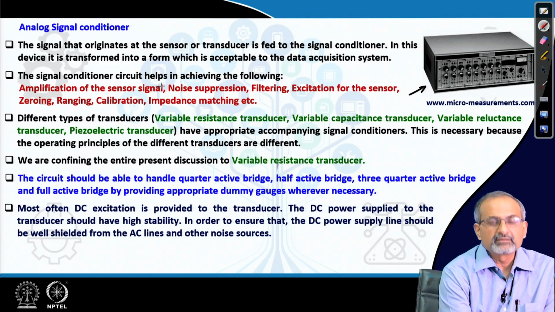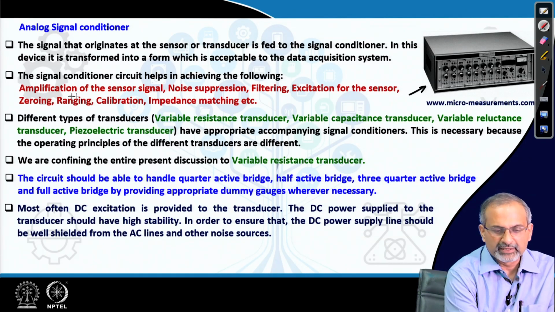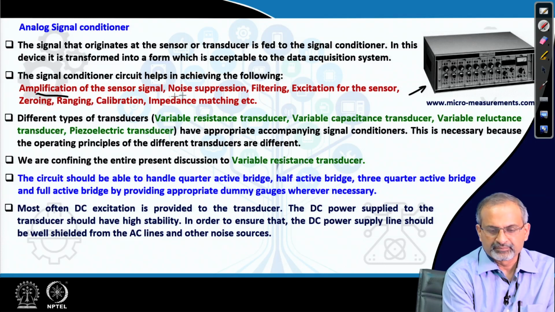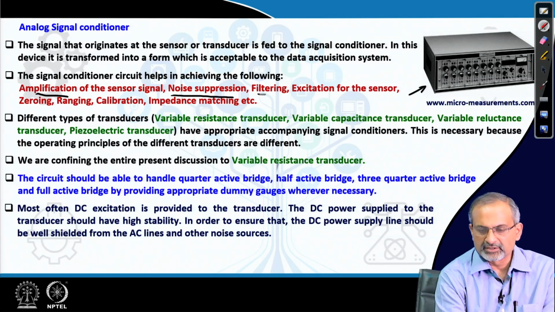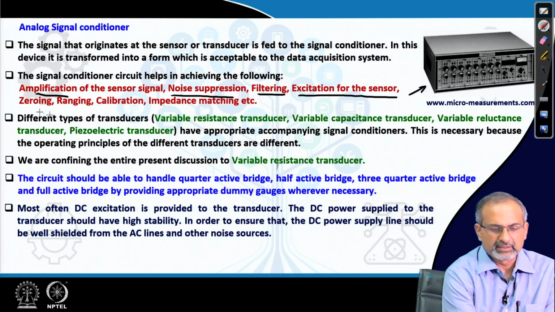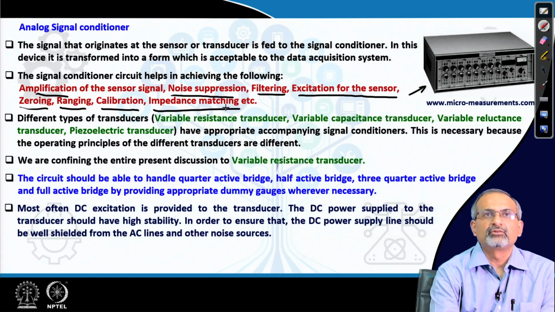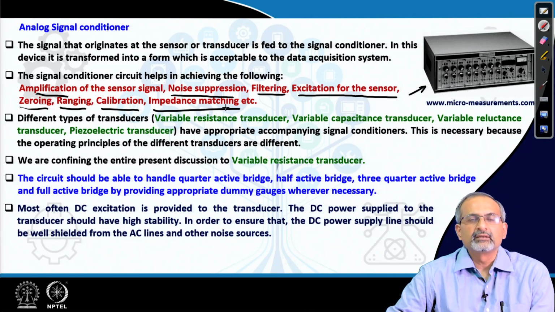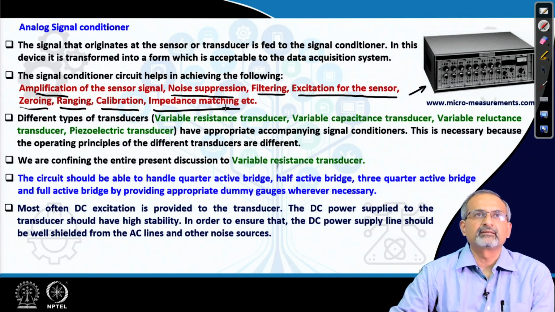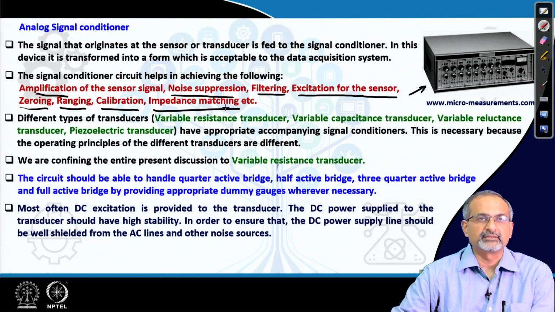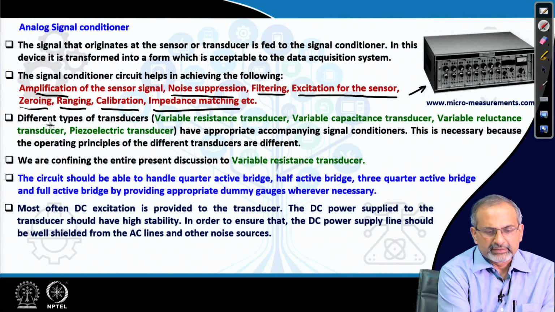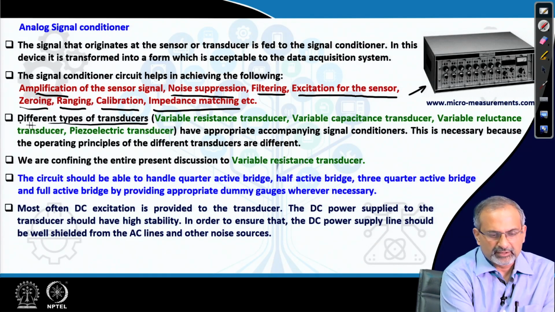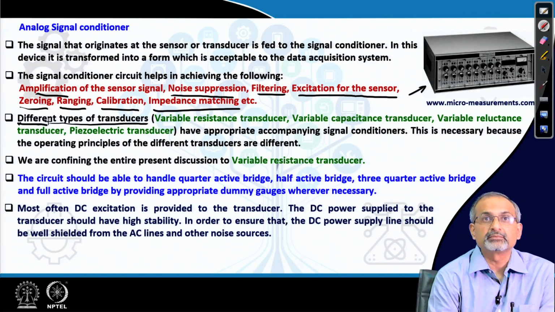Here, the signal conditioner circuit helps in achieving the following functionalities: amplification of the sensor signal, noise suppression, filtering, excitation of the sensor, zeroing, ranging, calibration, and impedance matching. Not that we are going to discuss everything in detail, but let us look at some of the important functionalities that a signal conditioner would achieve. There are different types of transducers that you may need to handle while you do the measurements.